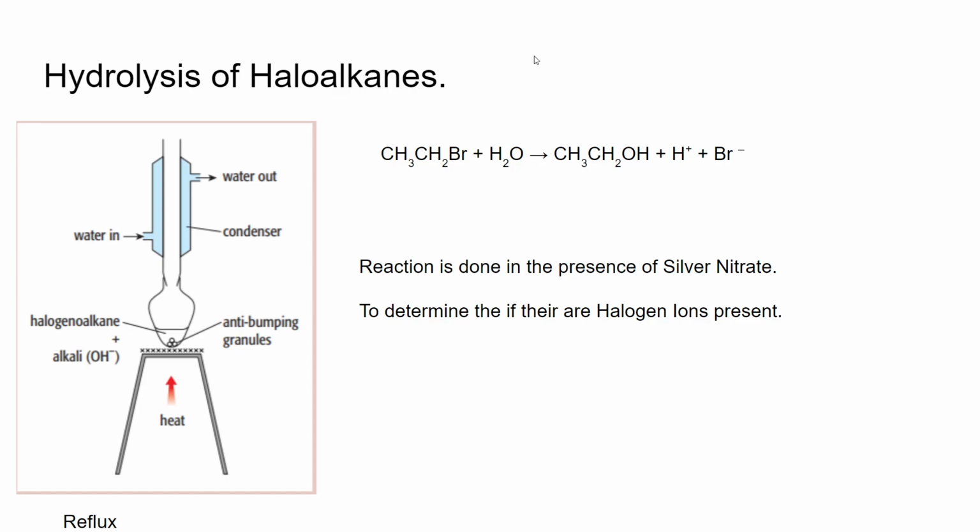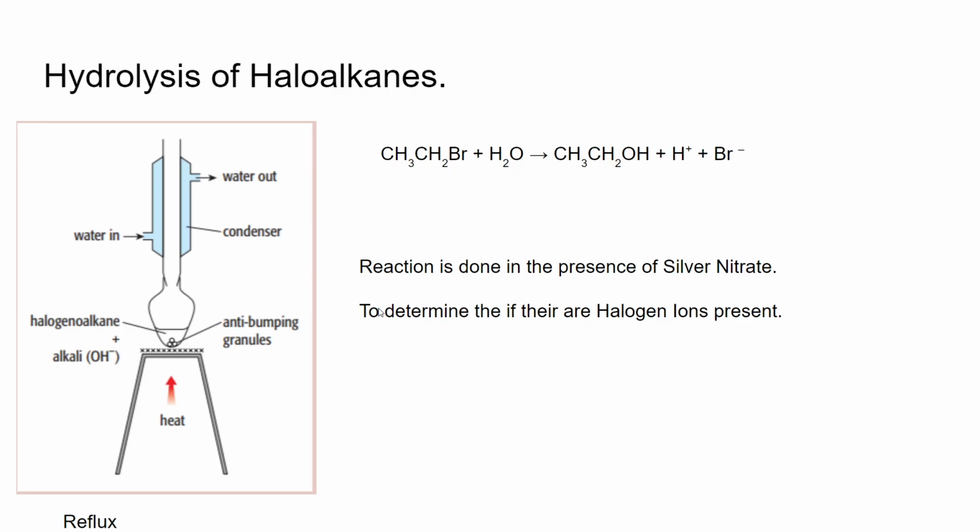Okay, and it just takes a little bit more energy to break apart that H ion from the OH, which is why we end up doing this under reflux. And what you'll notice is that we end up getting the same kind of alcohol group produced, and then we get H plus and Br minus.